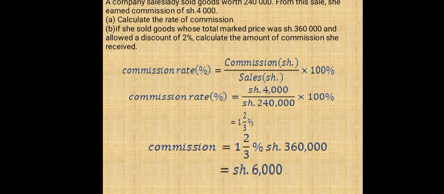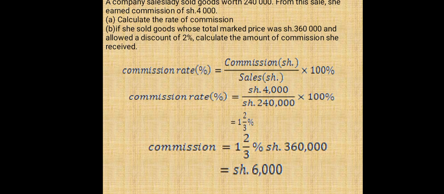Now let's look at part A. We can get the commission rate by having the commission over the sales price, and then multiplying by 100. Now the commission was 4,000, the sales was 240,000, multiplied by 100, you get that the commission rate was 1 and 2/3%.